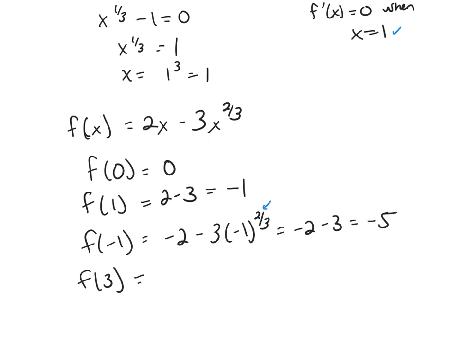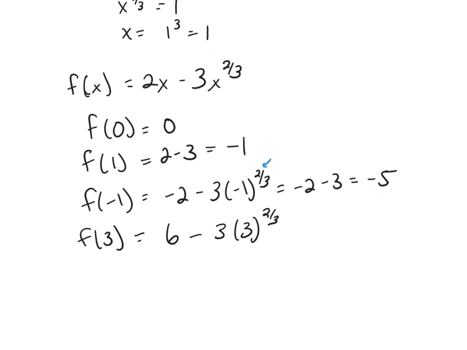If you plug in 3, I'll get 6 minus 3 times 3 to the 2/3, or 6 minus 3 times the cube root of 9, which we need to know what this is approximately equal to so that we can compare these numbers, -0.24.